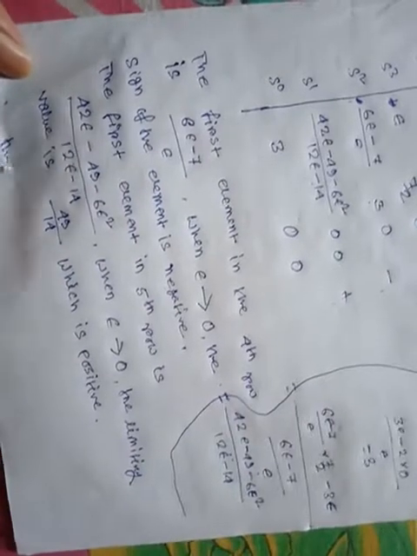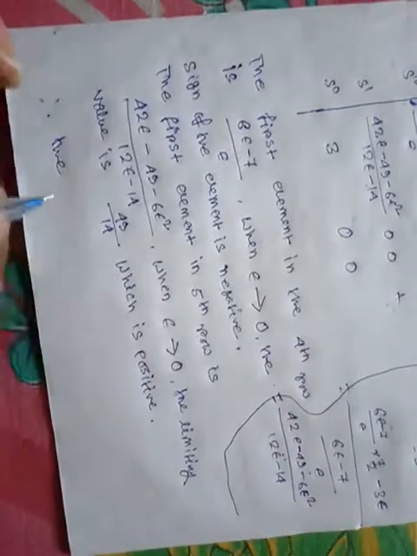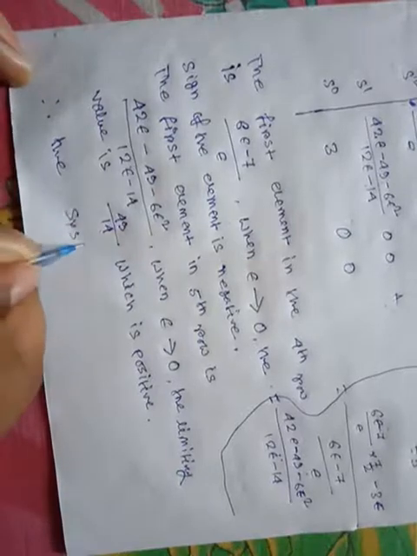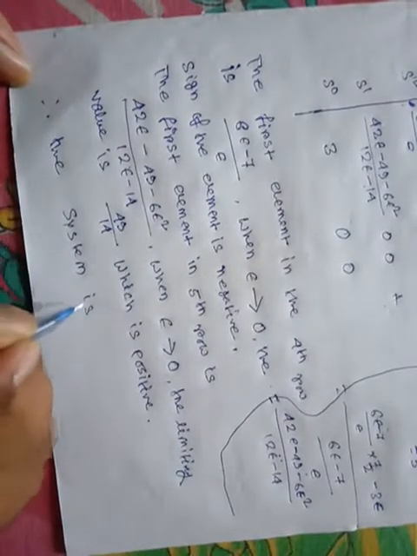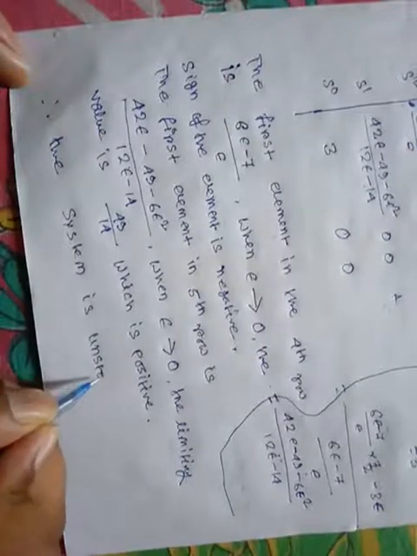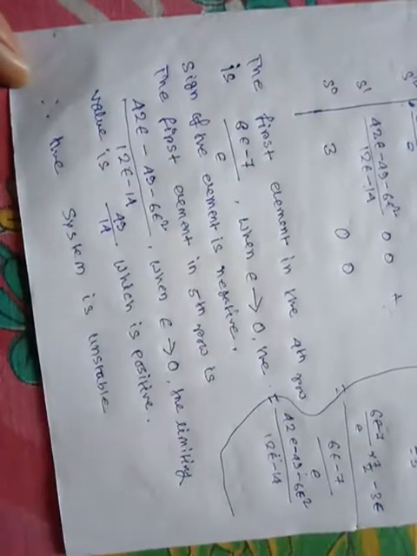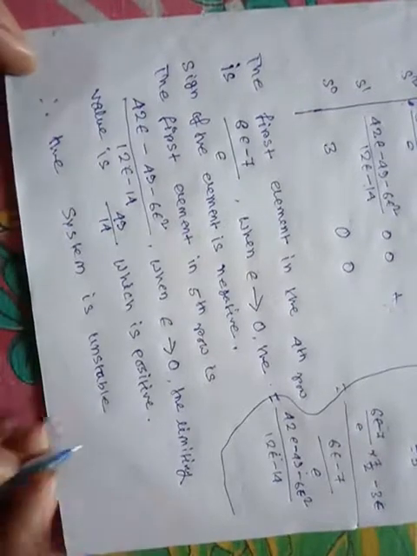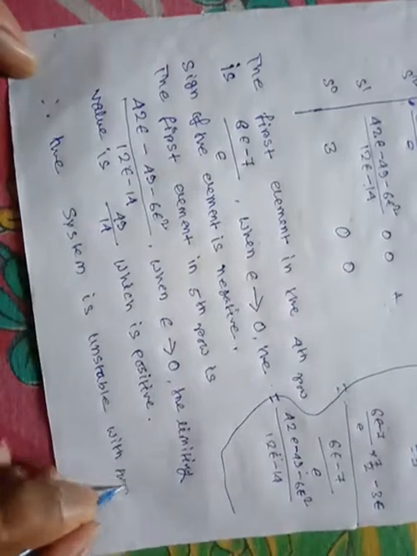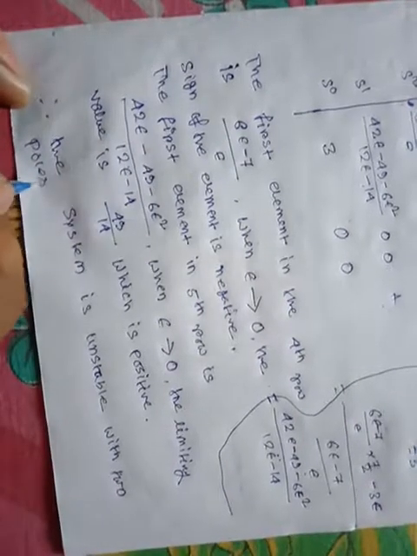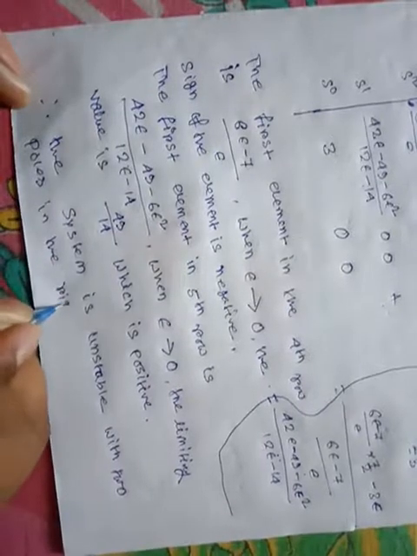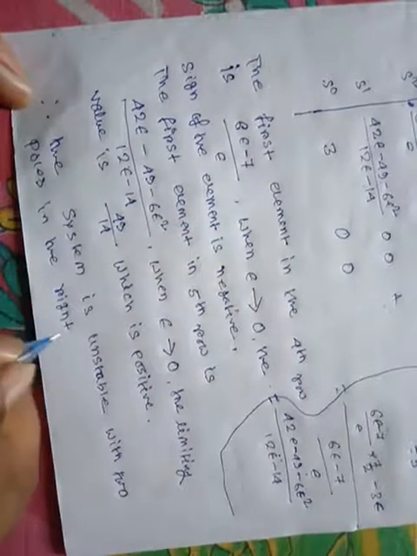Therefore, the system is unstable with two poles in the right half plane.